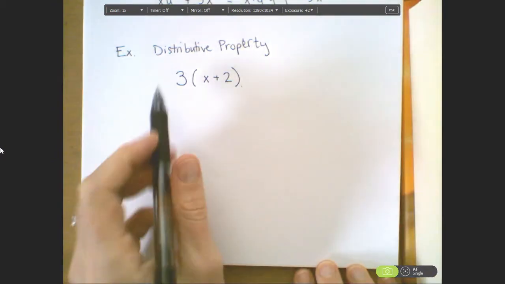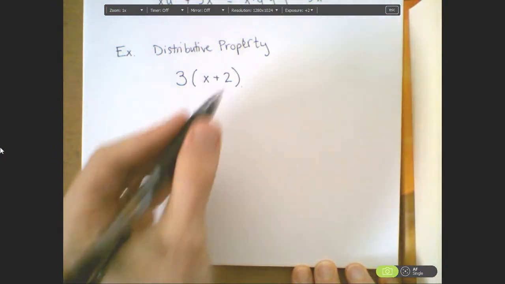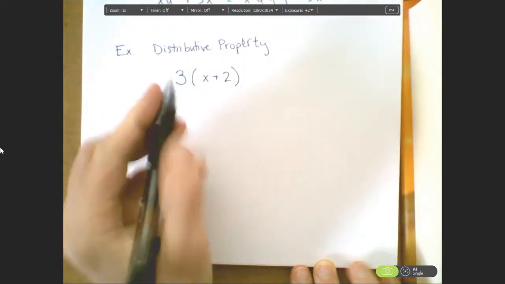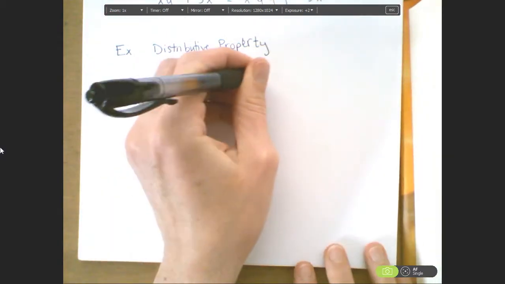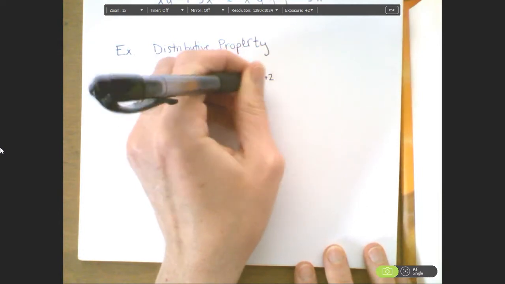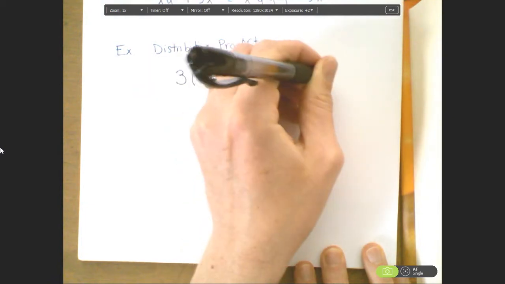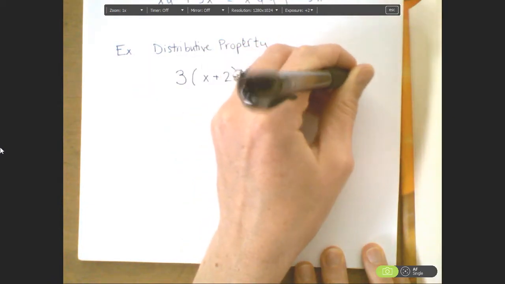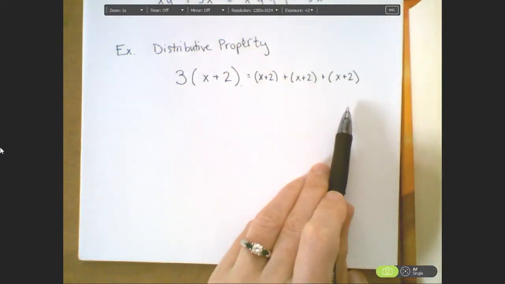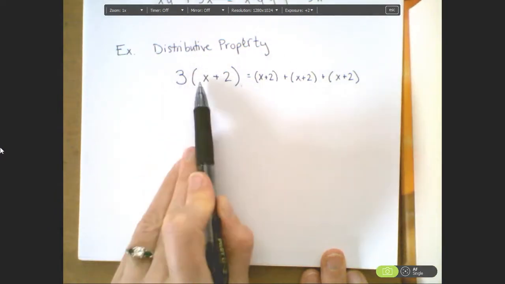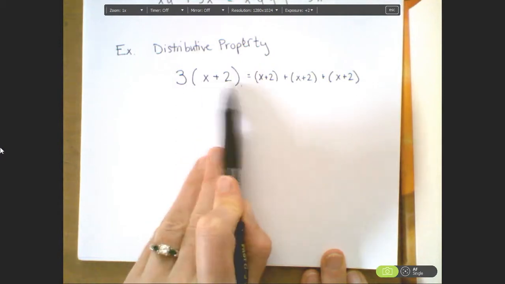And when I employ the distributive property, I see that this is exactly equivalent to 3 groups of x plus 2, which could be written as x plus 2 plus x plus 2 plus x plus 2. Now this is an inefficient way of writing it out, but I'm doing this to explicate the fact that it's really just 3 groups of this factor x plus 2.